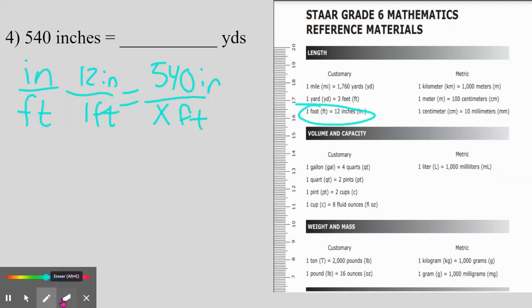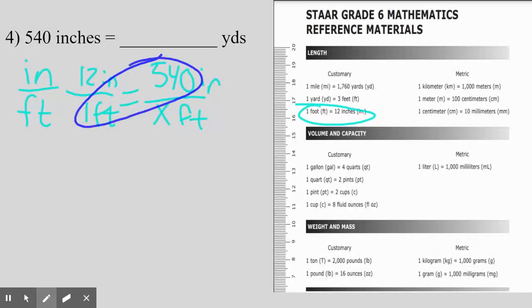So I'm going to go ahead and solve. So cross multiply. 540 times 1 gives me 540. And then divide by 12 because that's left over.